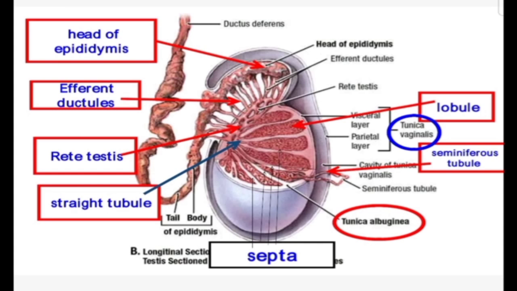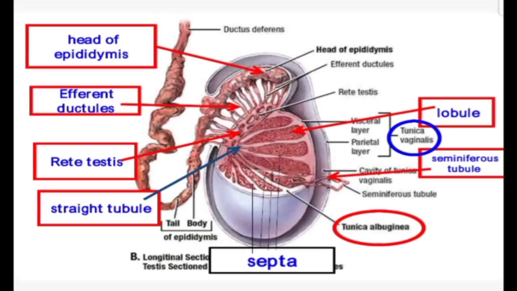So you can see this is the cut section of the testes. This is an oval structure which is covered by this white colored membrane which is very thick, and it is composed of the connective tissue. There are collagen fibers, there are elastic fibers, and also there are smooth muscles in it, and these are the septa.